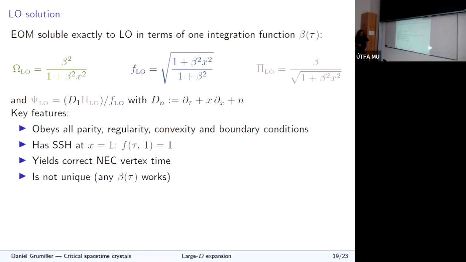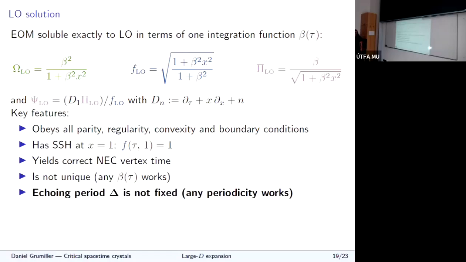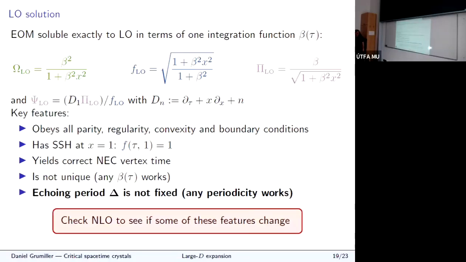However, the major difference is that the solution is not unique. At any finite D, we find that there's a unique solution. Here we find a continuum of solutions labeled by this arbitrary function beta of tau. Moreover, the echoing period delta is not fixed. Any periodicity works. So that's again a major difference to what happens with finite D. And we were slightly puzzled by this.